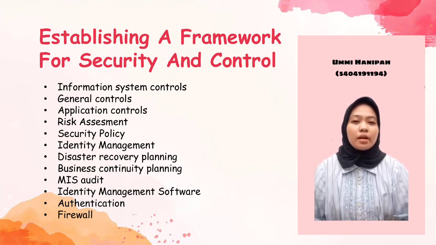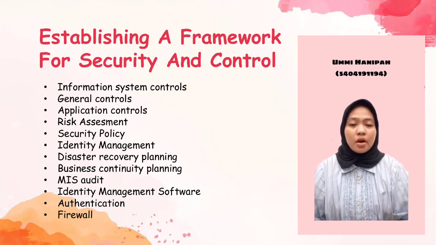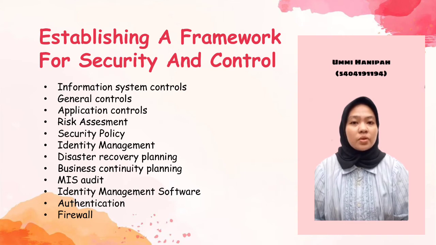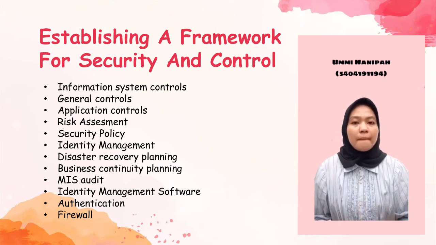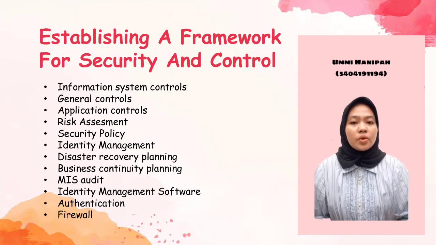Disaster recovery plan devises plans for the restoration of disrupted services. Business continuity plan focuses on restoring business operations after a disaster. An audit examines the firm's overall security environment as well as the controls governing individual information systems.